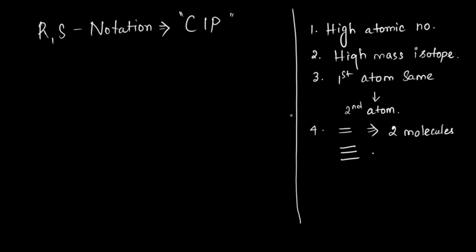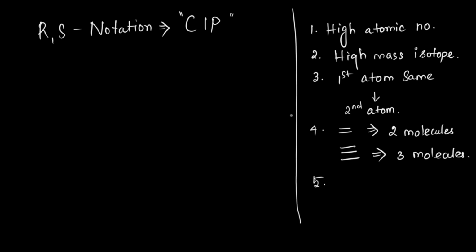If I have a triple bond CH, then I should consider that as three CH present over there. Depending on that, I have to give the seniority.